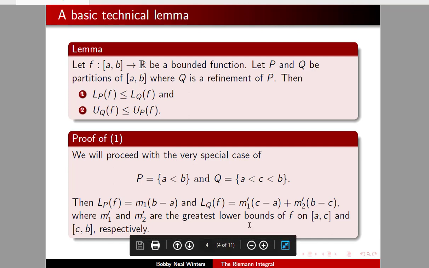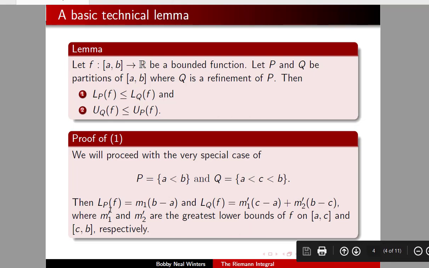We can then observe that L_P(f) is equal to m_1 (b minus a), and that L_Q(f) is m'_1 (c minus a) plus m'_2 (b minus c), where m'_1 and m'_2 are the greatest lower bounds of f on [a, c] and [c, b] respectively.